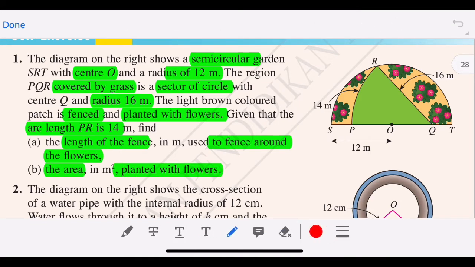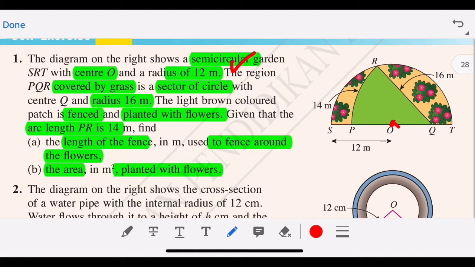When I read the question, I highlight the most important keywords. The arc length SRT is a semicircle, right? This is a very important keyword.